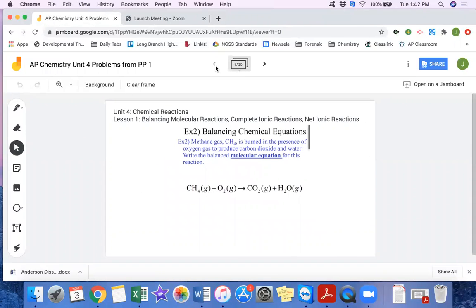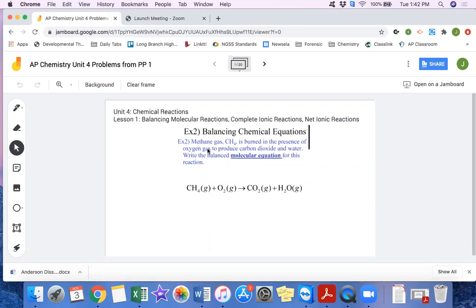On the PowerPoint for lesson 1, there is an example for balancing chemical equations. I'm going to go through that example with you right now. The example says methane gas, which is CH4, is burned in the presence of oxygen gas to produce carbon dioxide and water. Write the balanced molecular equation for this reaction.